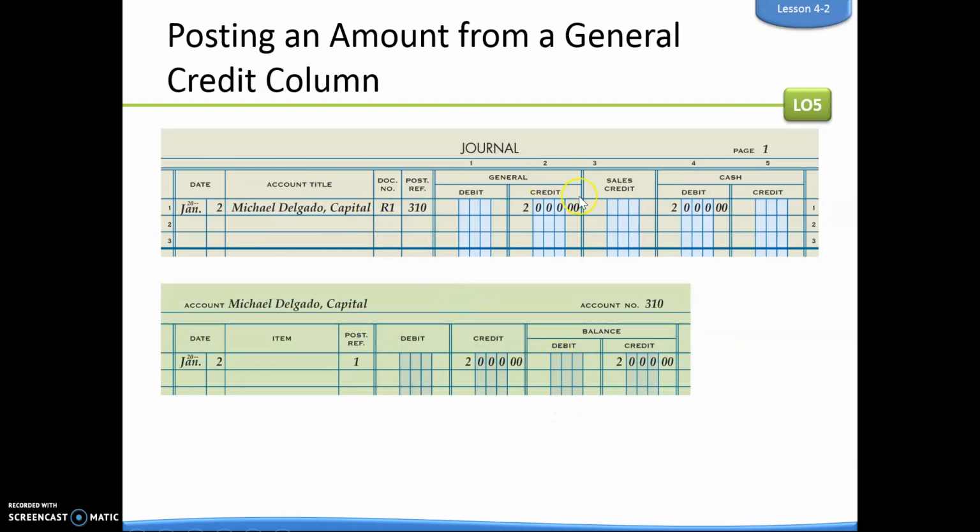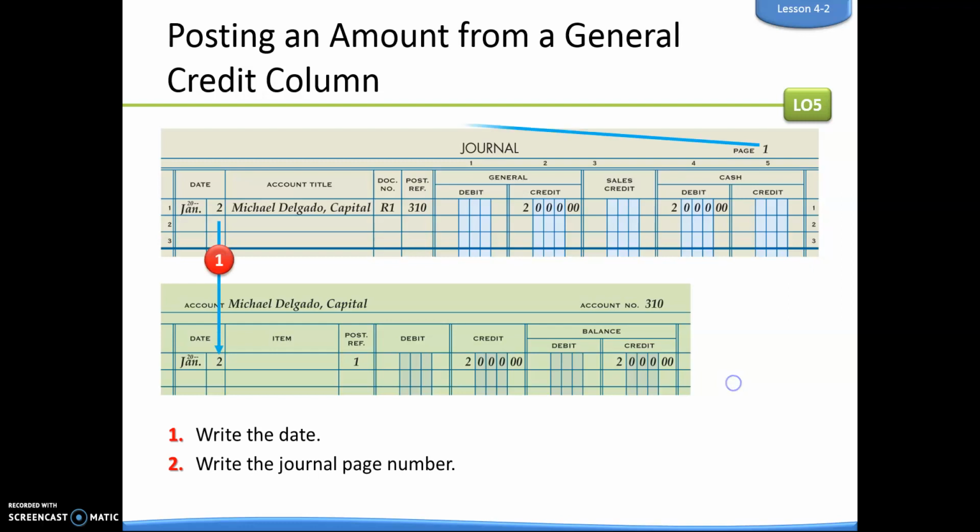So here's just another example of posting from a general credit column. The only difference is that you can see that Michael Delgado has a credit balance instead of a debit balance, because a capital account is owner's equity. It means it has a normal balance of a credit and increases on the right side of the account. So then it's just the same. You do your date.